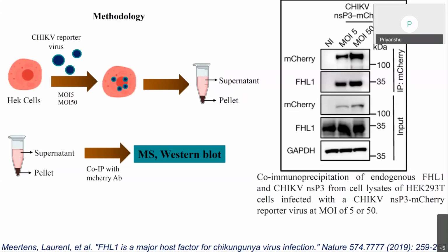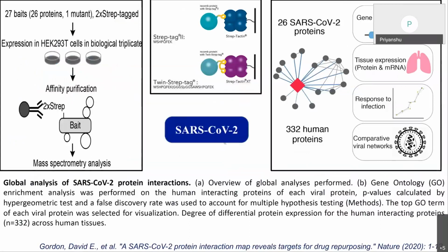There's another example, I think a very hot topic in recent studies, that is SARS-CoV-2. There is one paper showing SARS-CoV-2 protein interactions to identify host targets and for drug repurposing.